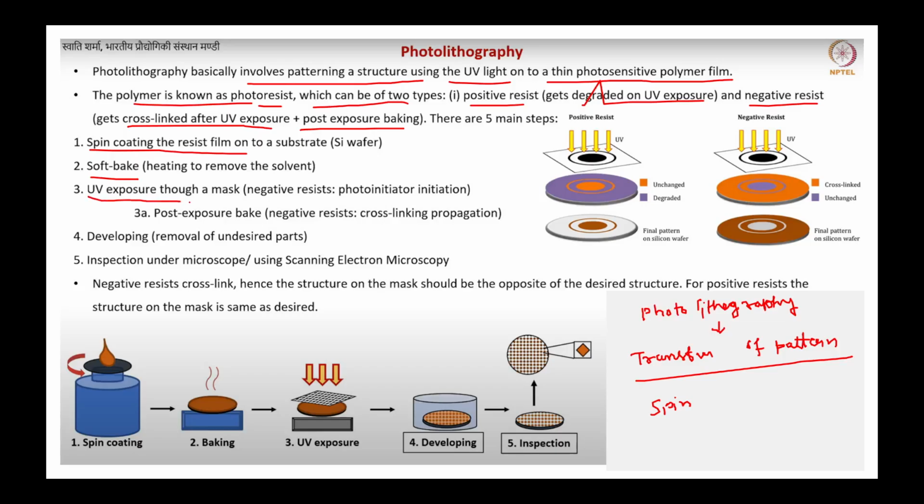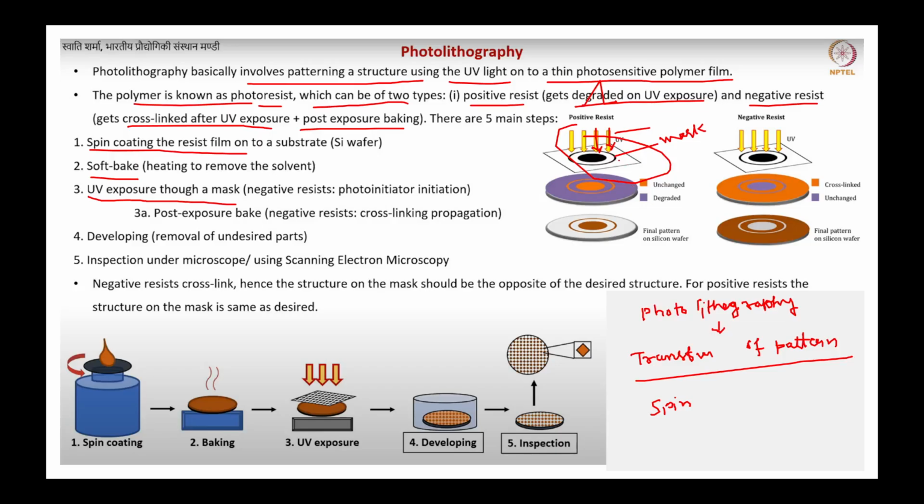Then the UV exposure through a mask. Okay, so let's say this is your mask and this is your UV. Now UV is coming like this. In positive resist, as you have learned, it will degrade when it gets exposed to the UV light.